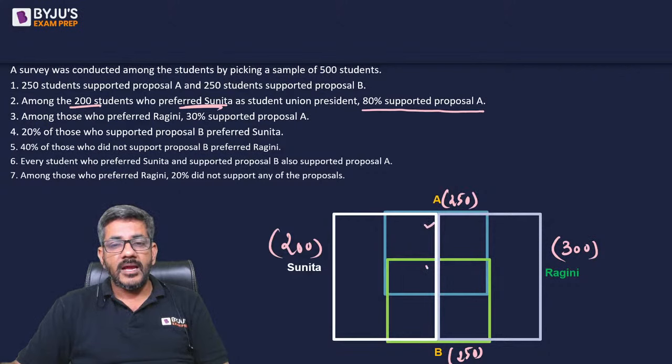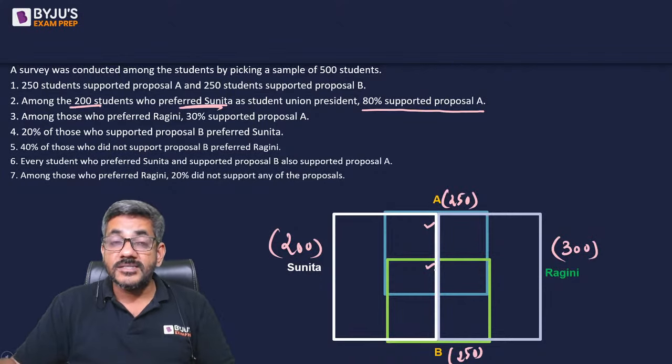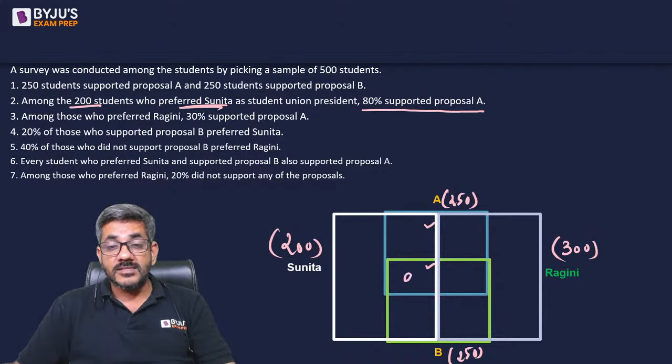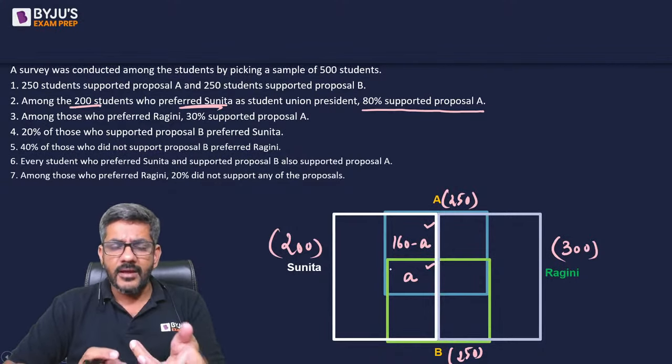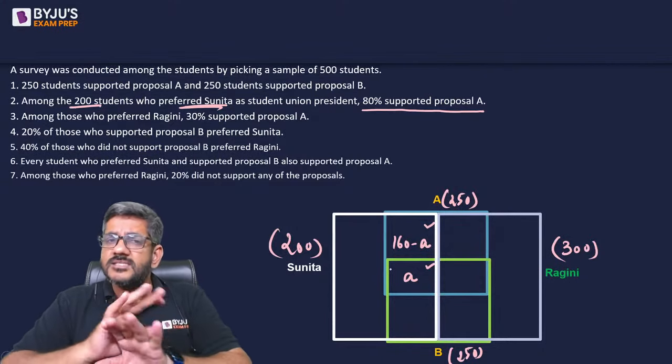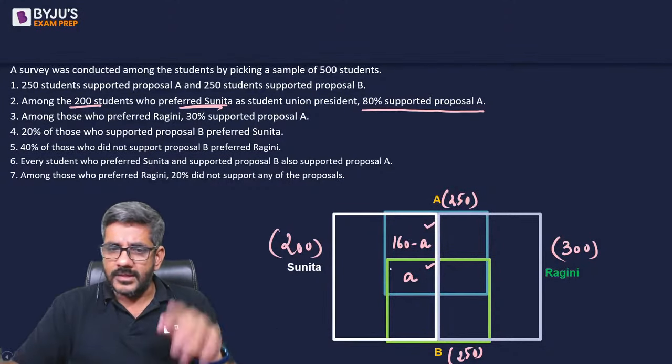These people and these people. So 80% of 200 is equal to 160. The first thing many students will do is assume this as A and take this as 160 minus A. Because if two areas add up to 160, of course, one of them would be A, the other one is 160 minus A. There is nothing wrong with that. इसमें कुछ भी गलत नहीं है. I completely agree with that.